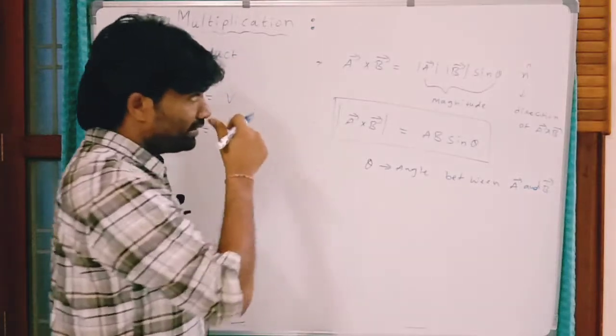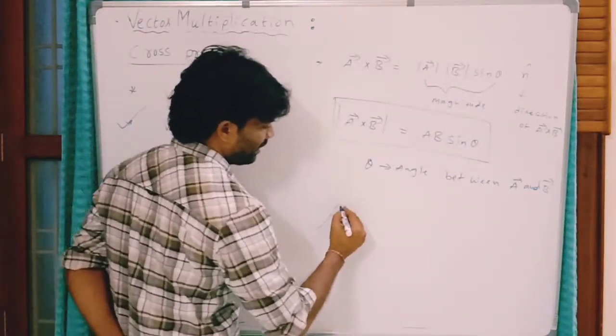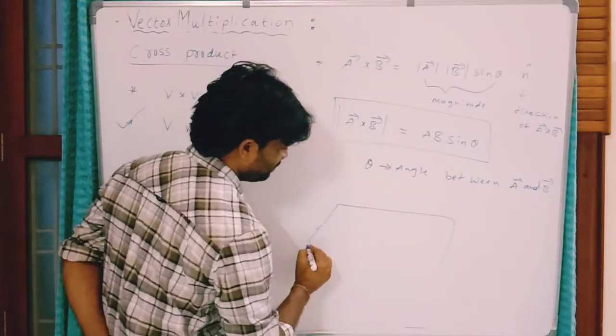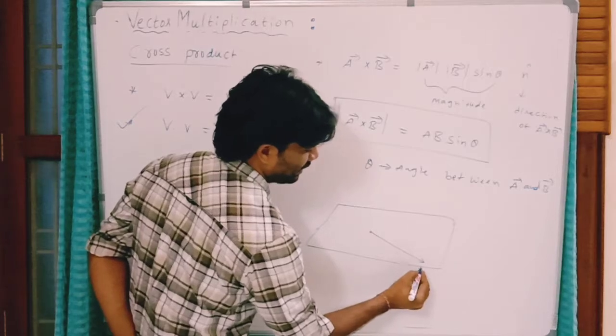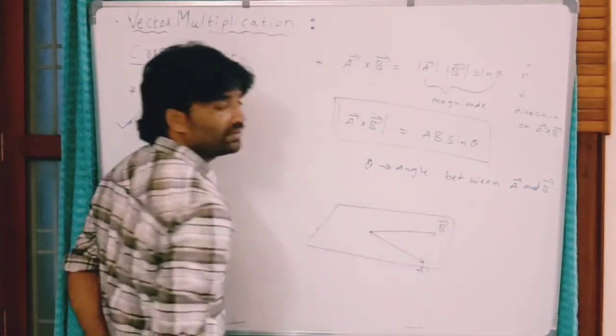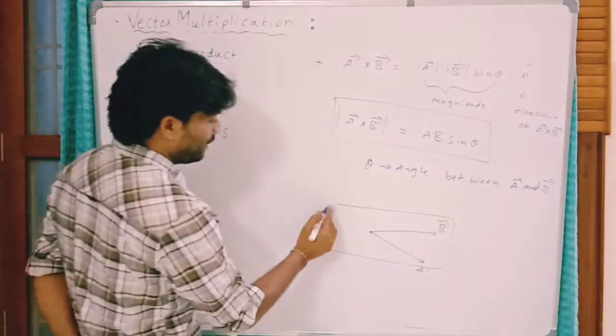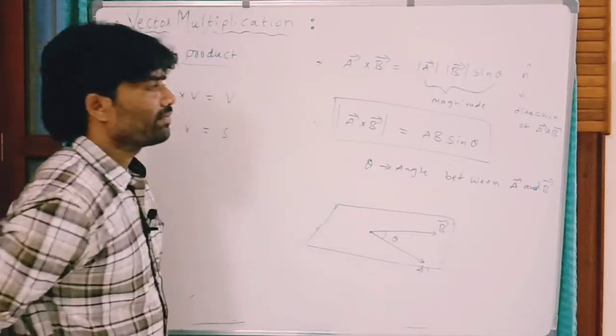Now we can find the direction of this n cap, or A cross B, by using the right hand thumb rule. So if this is the plane which contains the two vectors A and B, the angle between these two is theta.